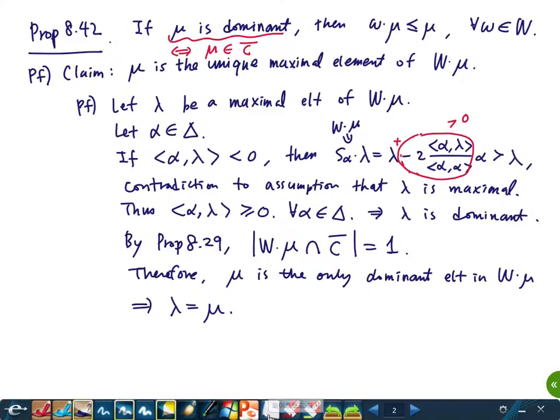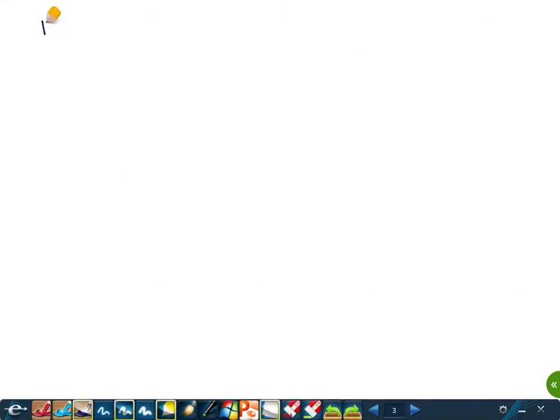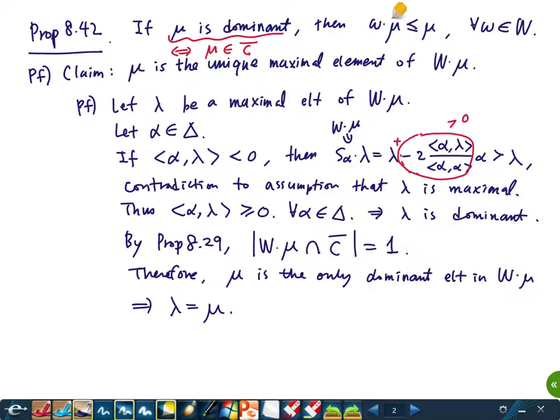Okay, let me move on to the next page. So what is the statement? We want to show that W mu is less than or equal to mu. But this means mu is the maximum element. I told you there's a difference between maximal and maximum. Maximum means it is greater than everything else. Maximal means it is not smaller than anything else.